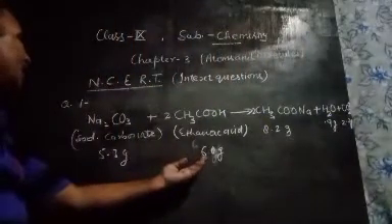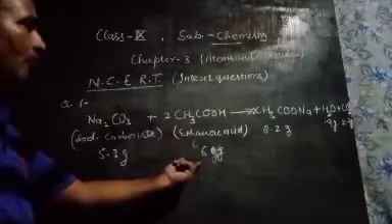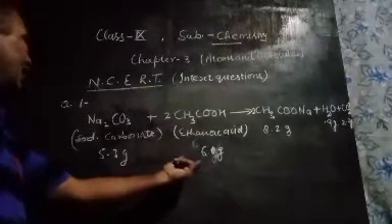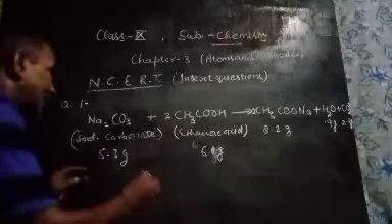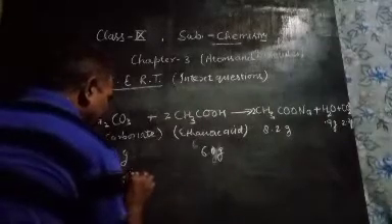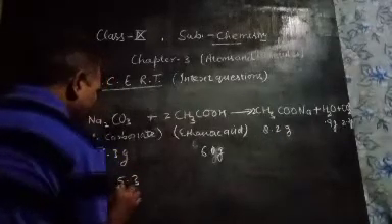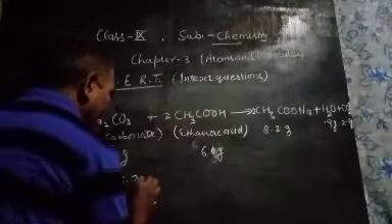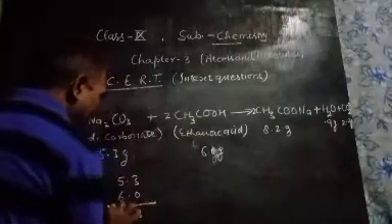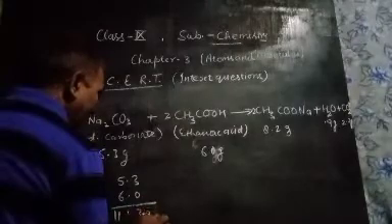Now all of you can calculate it. What mass is used in the chemical reaction? 5.3 plus 6.0 is equal to 11.3 gram.